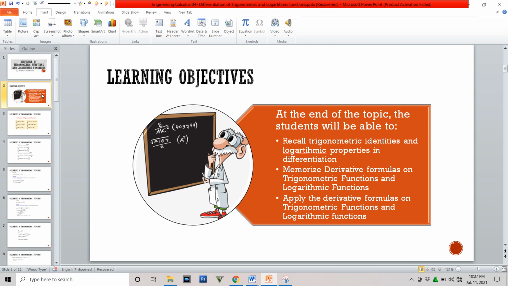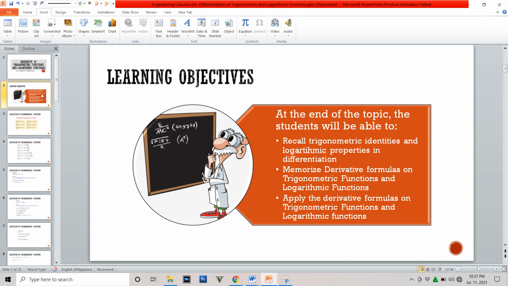And then another learning objective is that we will have to memorize derivative formulas on trigonometric functions and logarithmic functions. So dapat maging familiar tayo with the formula so that you can execute smoothly the functions.